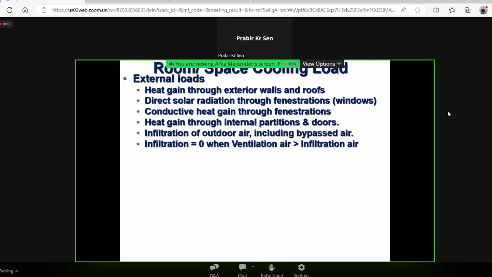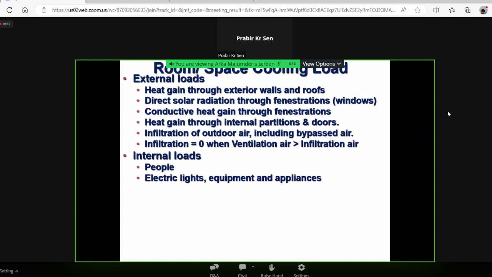One is the oxygen requirement, the breathing requirement for the person, plus the normal leakage area. So even if my air continuously leaks out through that area, I can still maintain some positive pressure inside the room. So we must supply that much air along with the breathing requirement air. Ventilation air shall always be more than the infiltration air for positive pressure rooms, and in those cases infiltration is zero.